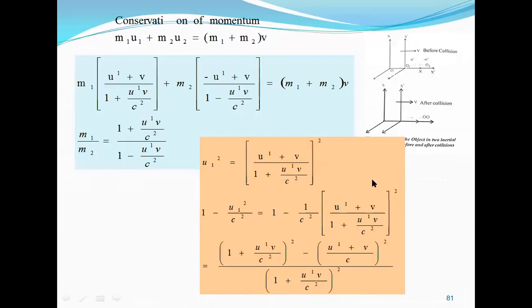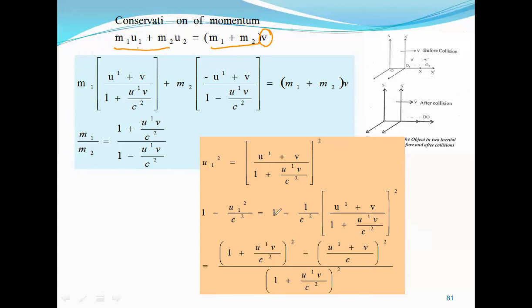Now this is totally math, but you have to understand how we got it. We all know the conservation of momentum from intermediate. The total momentum of the system before collision must be equal to that after collision. Before collision, m1 u1 plus m2 u2. After collision, they move together with a velocity v.